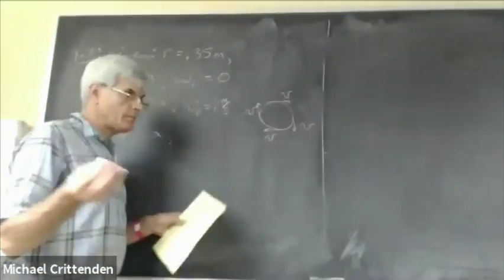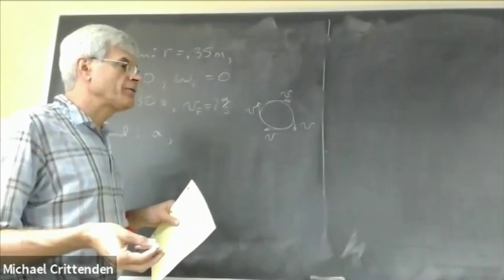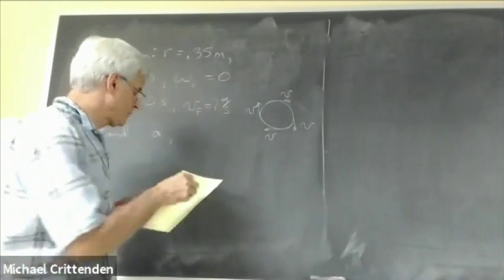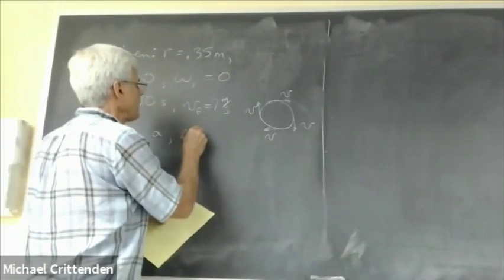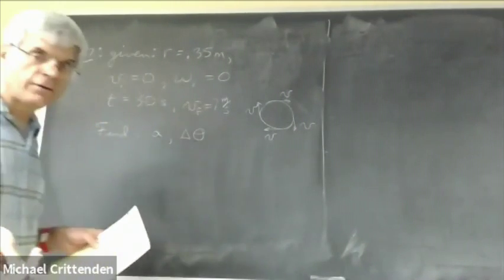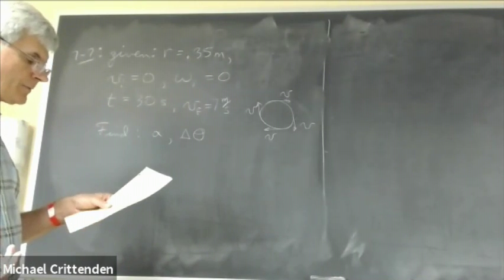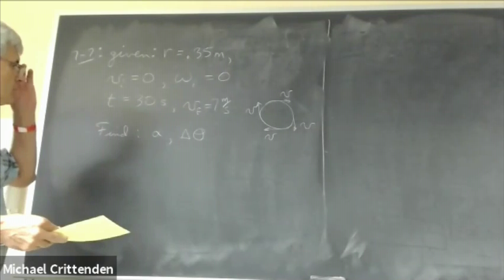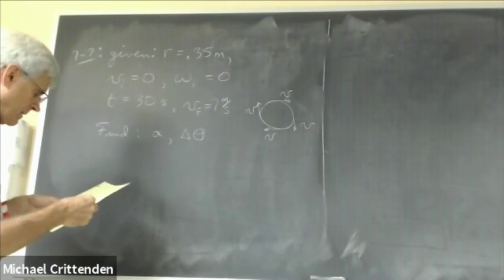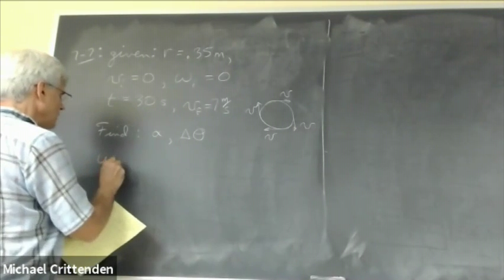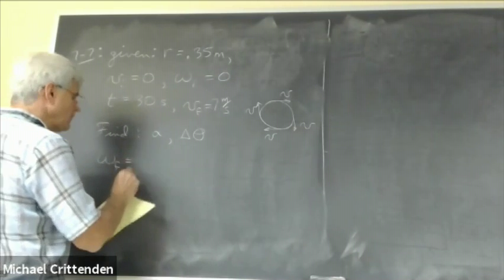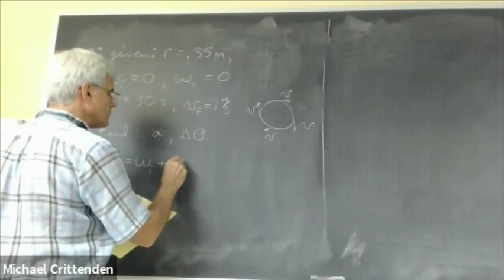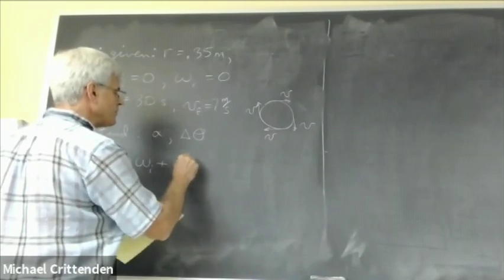Well, back in section 2, I started labeling angles theta, and it's still what's happening now. So, how about this equation? Omega final equals omega initial plus alpha times t.